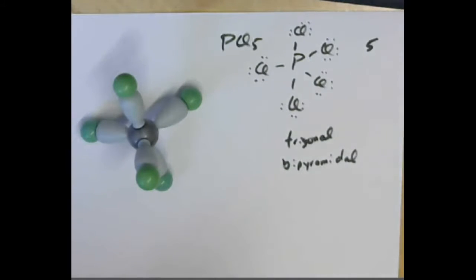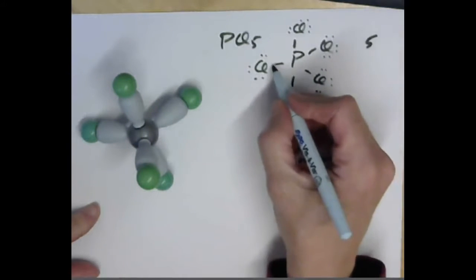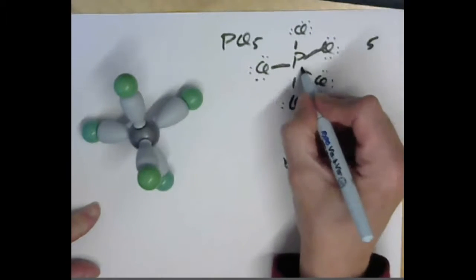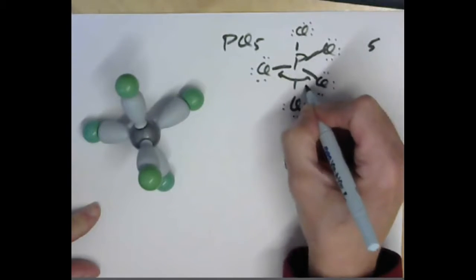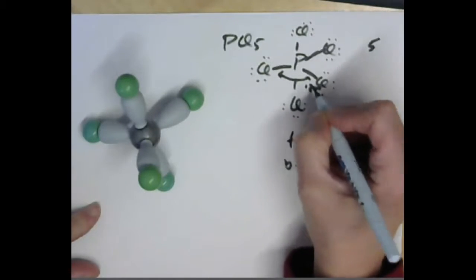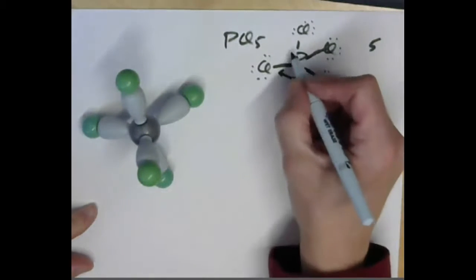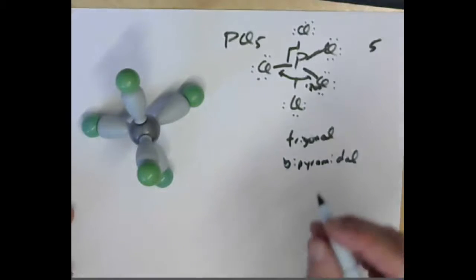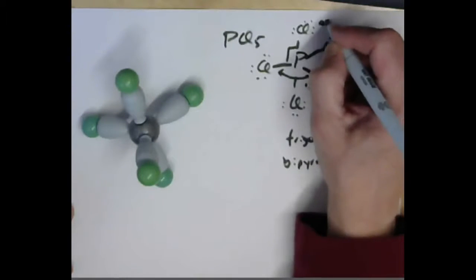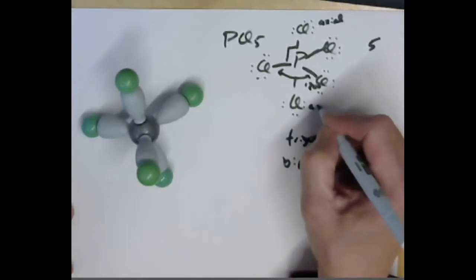And all the positions in this molecule are not equivalent in that these 3 atoms are 120 degrees from one another. They're trigonal planar. And they're at right angles to these other 2 chlorines, which are at an axial position.